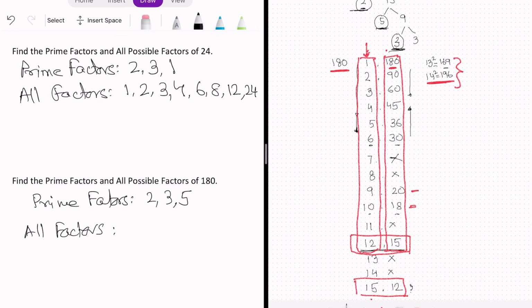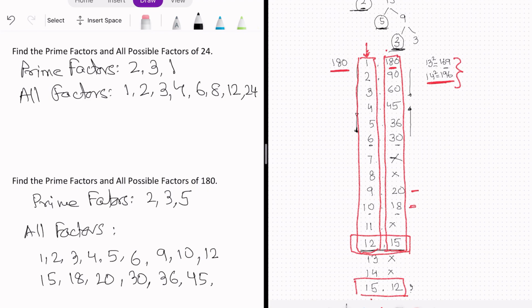It's 1, 2, 3, 4, 5, 6, 9, 10, 12, 15, 18, 20, 30, 36, 45, 60, 90, and 180.